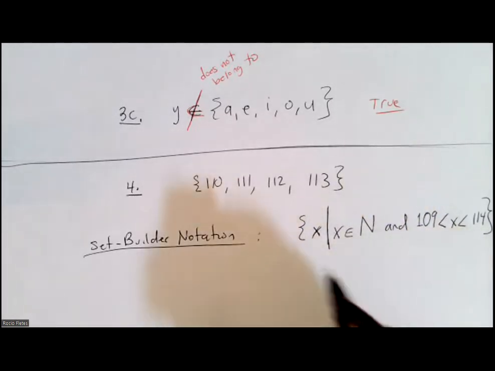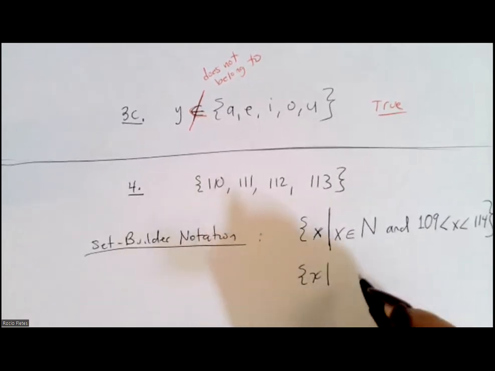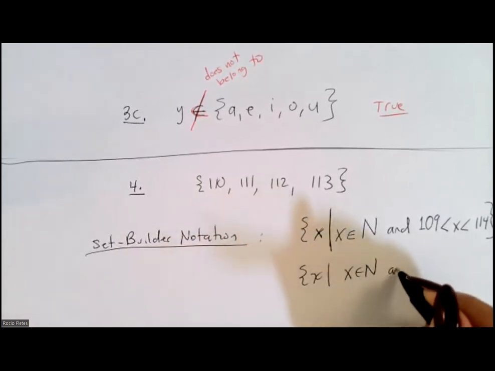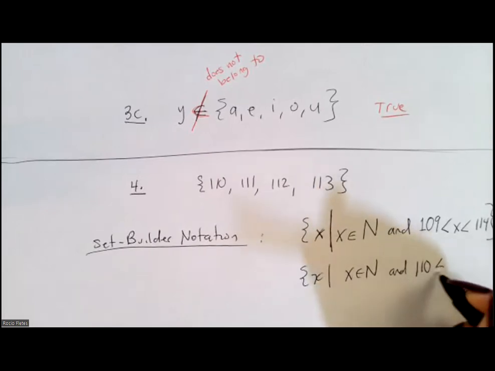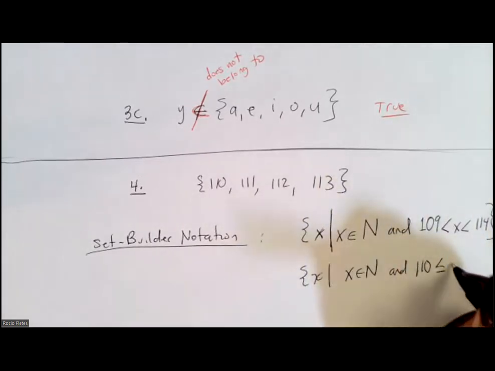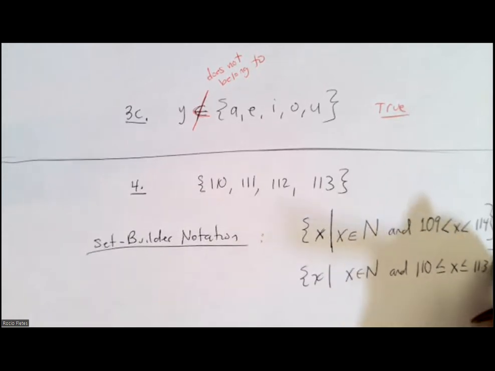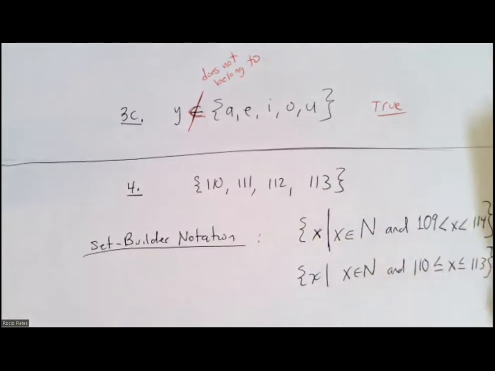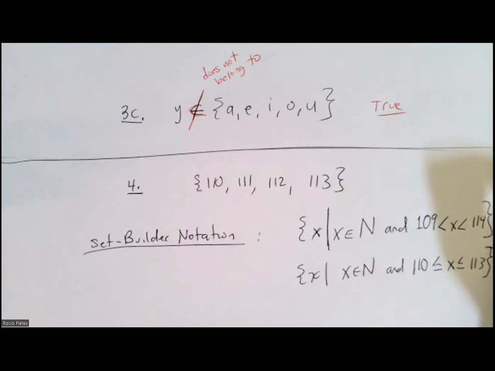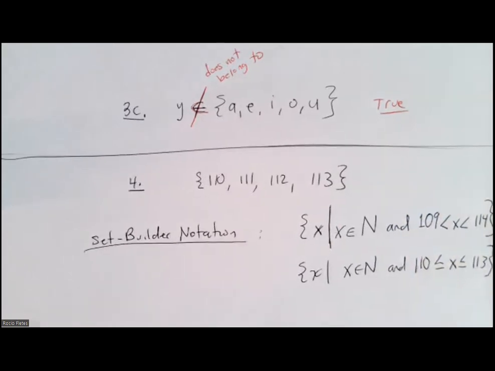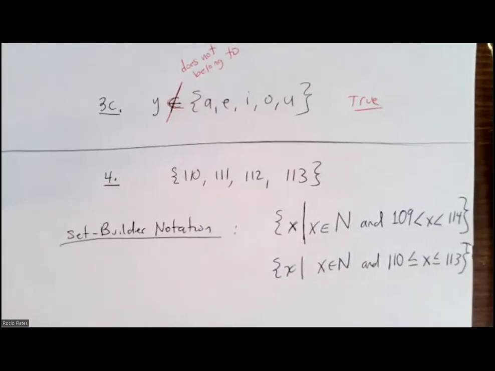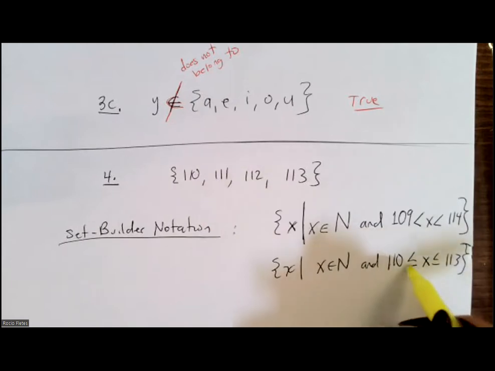Now, let me give you that other way. You can say X is a natural number and 110 less than or equal to X less than or equal to 113. This will be true also. Both of them would be right because you're saying the same thing. Here we're starting at 110. Notice that I put the line under the inequality sign.